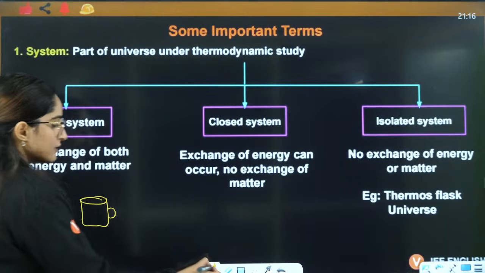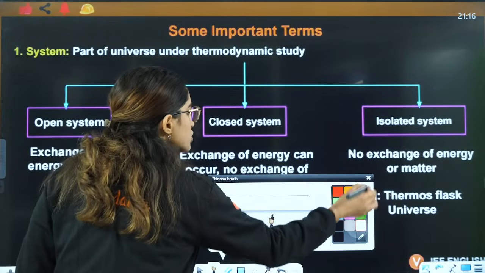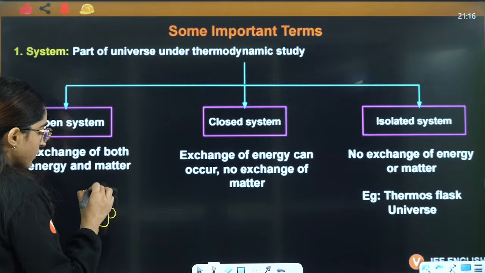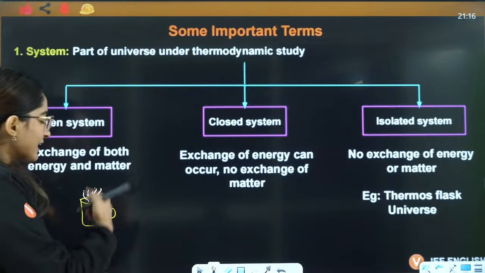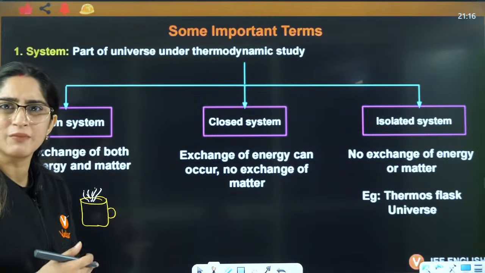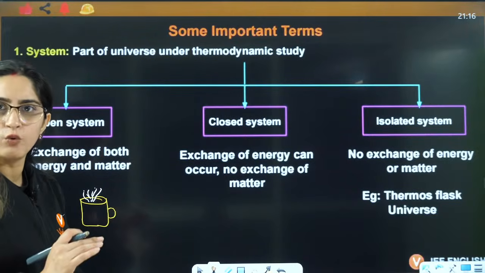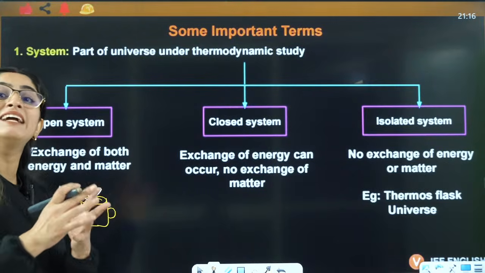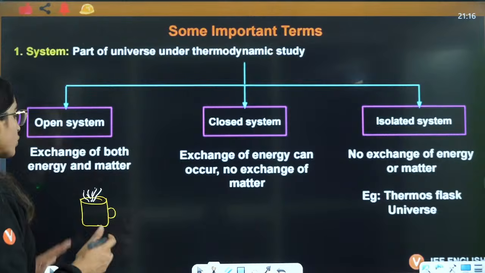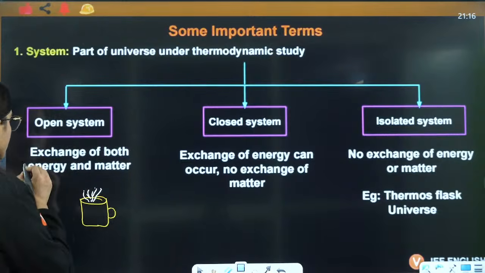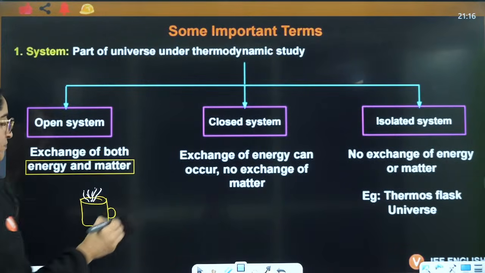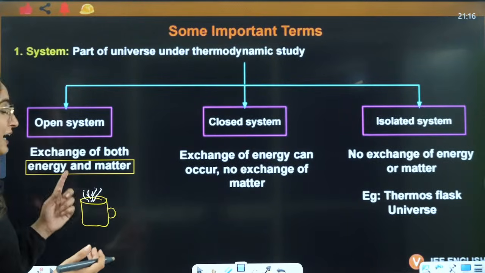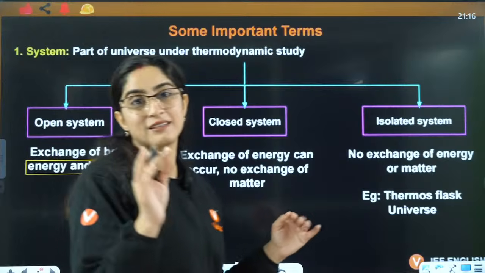You are also exchanging the mass because some amount of tea is getting vaporized here, and the heat energy, because we know that after some time that tea is going to cool down, right? That is the reason that why it is cooled down, because the heat is also exchanging here. So two things are exchanging here, energy as well as matter. Matter in the form of vapors that are getting exchanged, and energy in the form of heat that is getting exchanged.